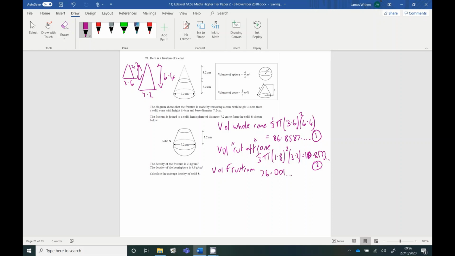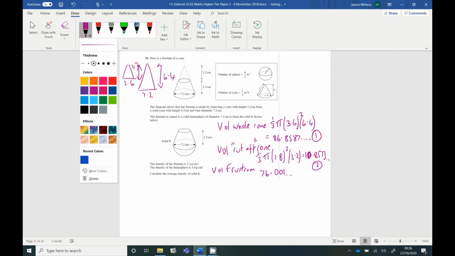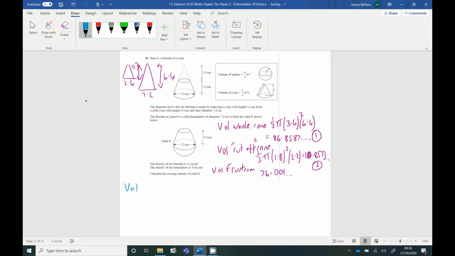Let's change colour and move on to the hemisphere. So the volume of the hemisphere, that's half the football. Now the volume of a whole sphere is 4/3 pi r cubed, so half the football is going to be 2/3 pi r cubed.